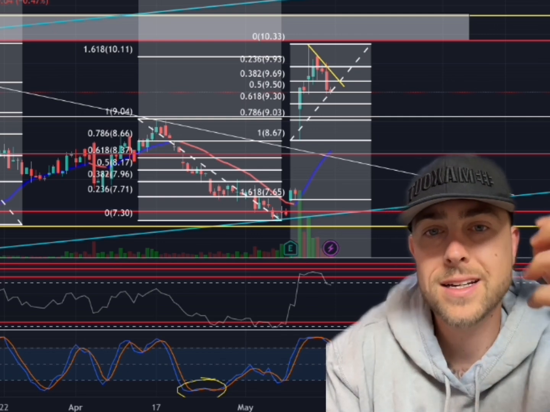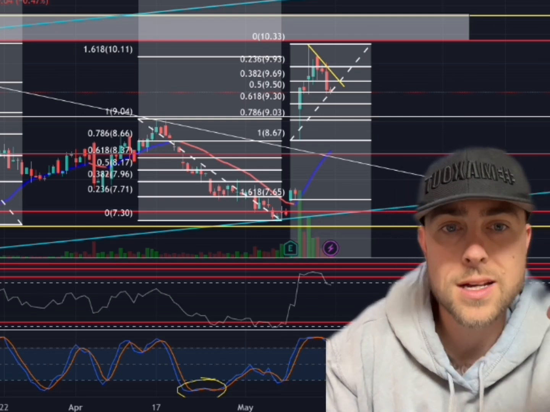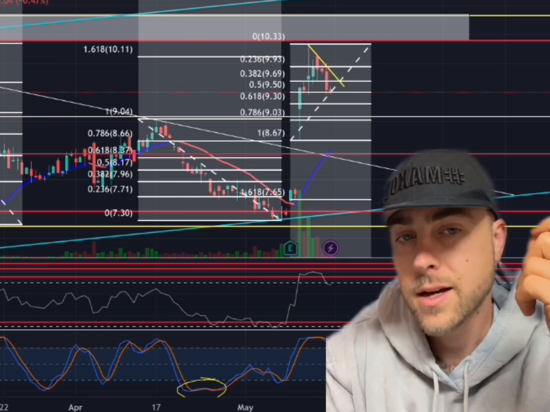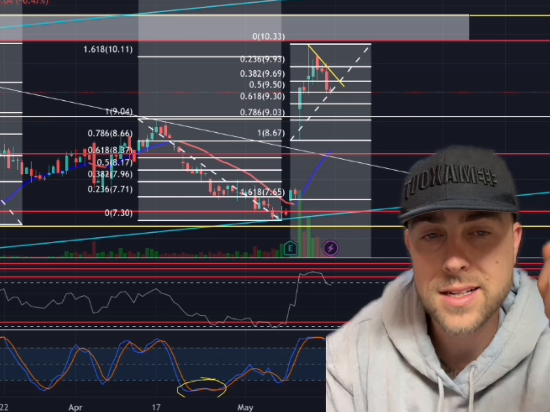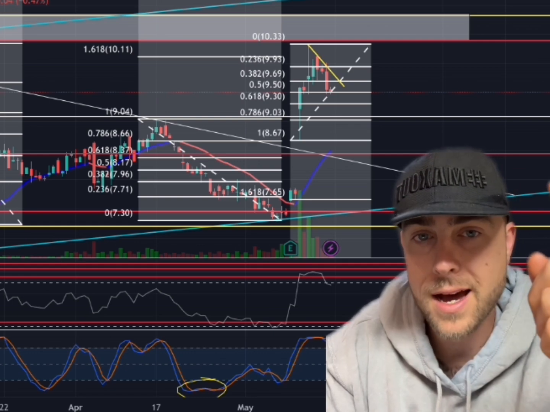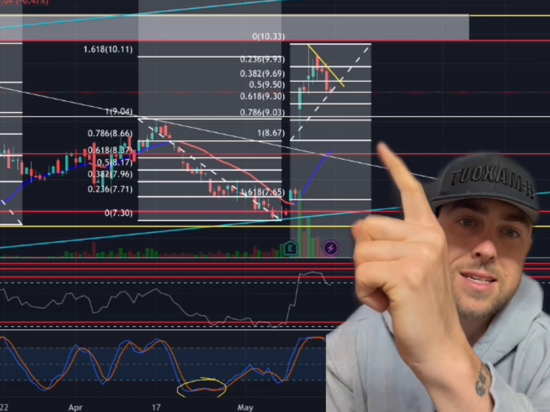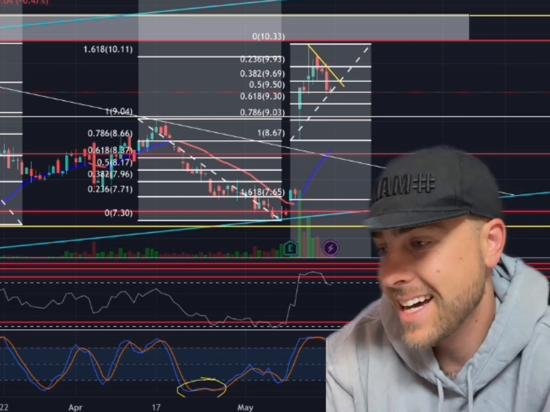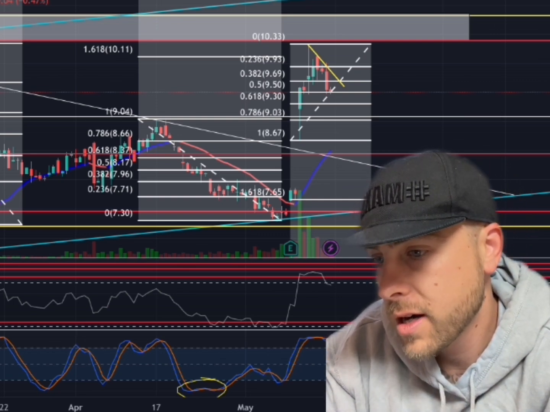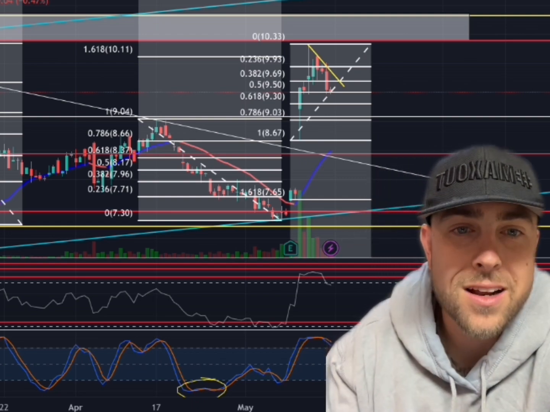But ultimately, my sell target was this gray zone, okay? The reason for that is there's an open gap. Most stocks are traced to open gaps. But the reason I sold at 10.10 and didn't wait until we hit the open gap was because we hit the 1618 exactly. It was 10.10 exactly. Now we did shoot up a little higher to about 10.30, so I missed out on a couple percents.